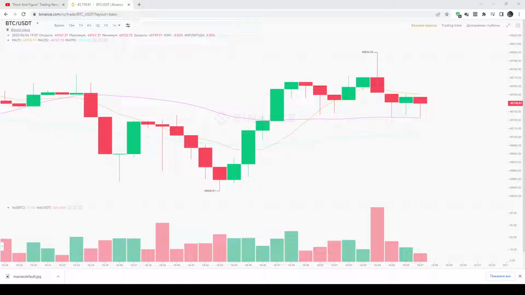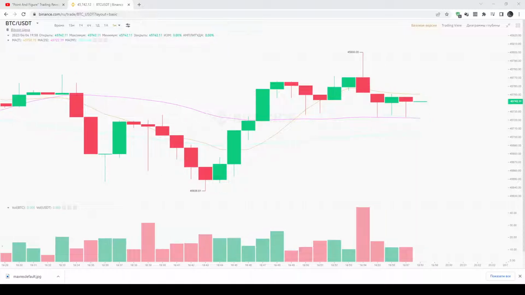There are two inputs to a point and figure chart: box size and reversal amount. The X's and O's that make up each column occupy a space called the box size. The box size is the size of movement required to add an X or an O to the chart. The value is determined by each trader.